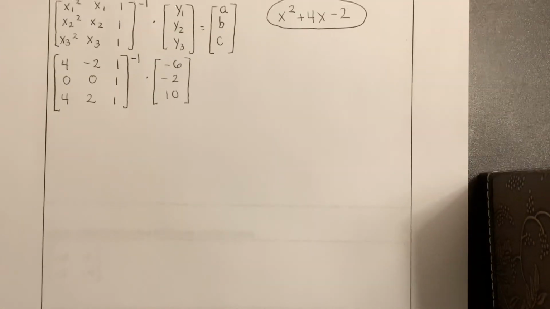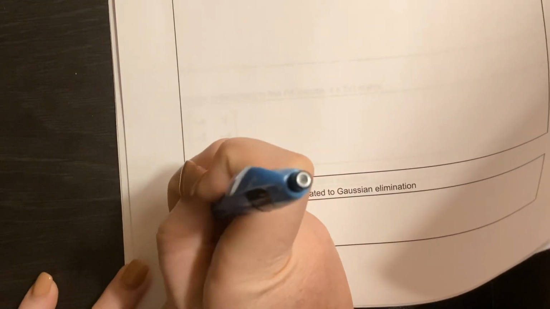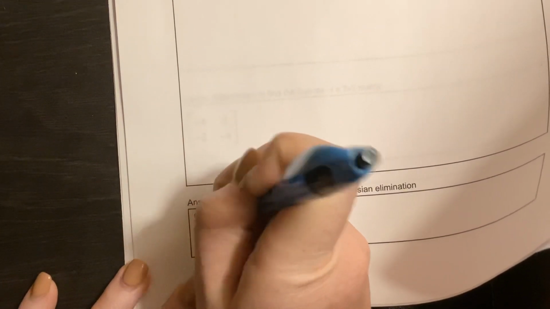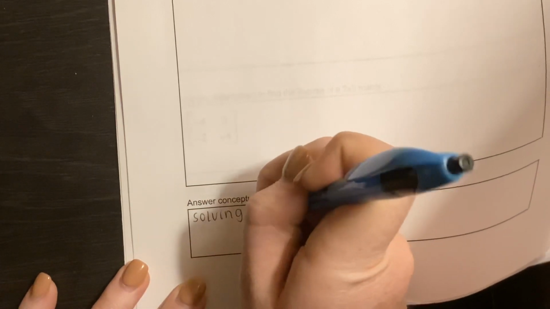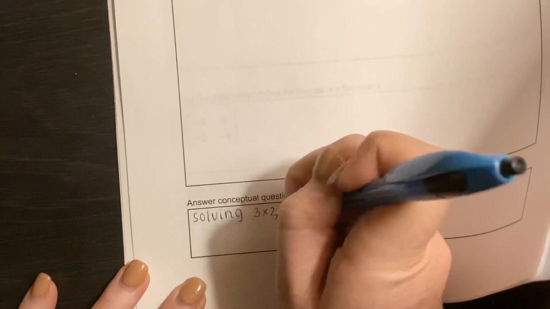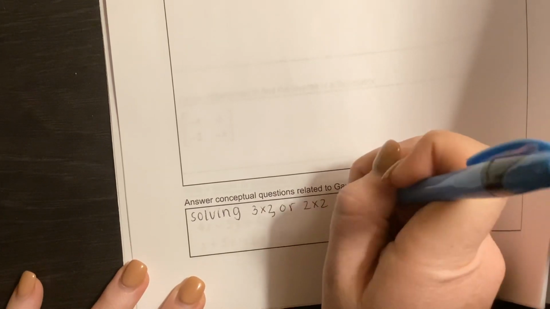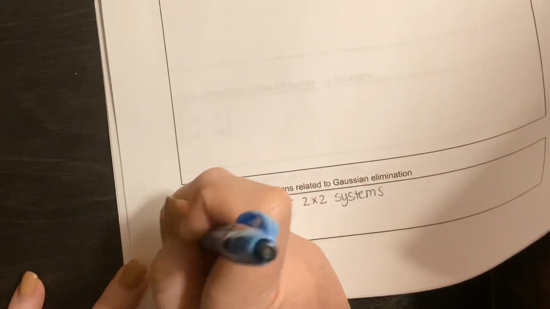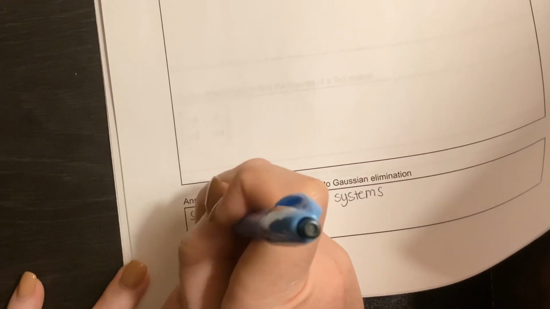Last thing we're going to answer on this one is conceptual questions related to Gaussian elimination. There's a lot of things that you can think about conceptually. Conceptually, what you're doing is solving 3 by 3 or 2 by 2 systems using row operations.